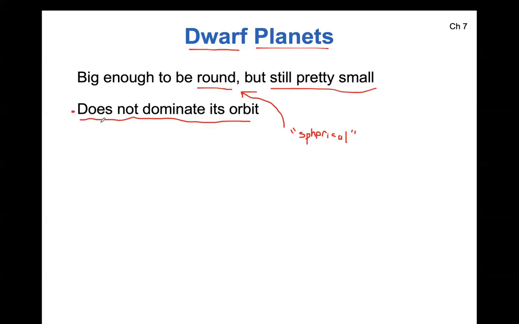Pluto's just not a large enough body to have cleared out its orbit, is one way it's sometimes described. And that's really the extent of how detailed you need to understand that there's something about dominating or clearing the orbit that is what separates dwarf planets from planets.